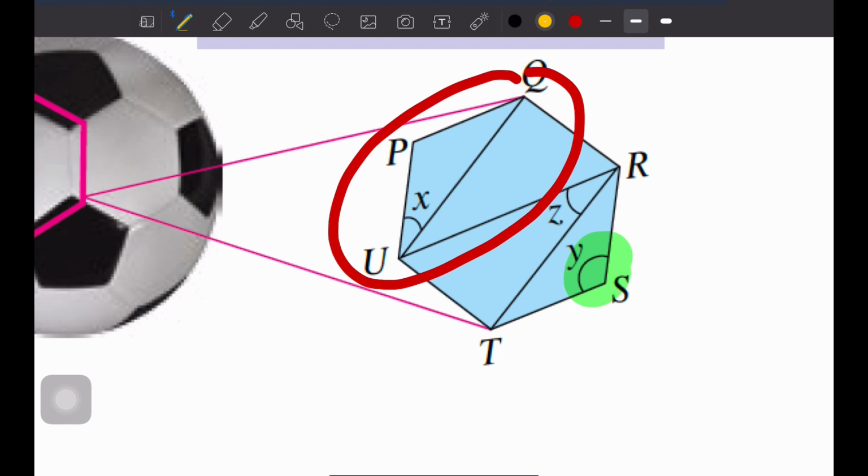Over here, you know that this is 120, am I right?